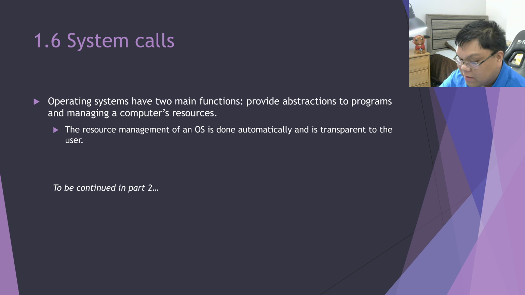And then there's virtual machines in there. 1.8 is the world according to C. We might get into that or not, we'll see. And 1.9 is like research on operating systems. Outline for the rest of the book is 1.10, and 1.11 is like metric units, and then 1.12 is the summary of the chapter itself. So we're gonna look into the second half of the chapter in the next video.